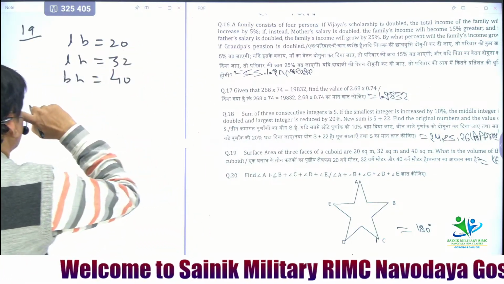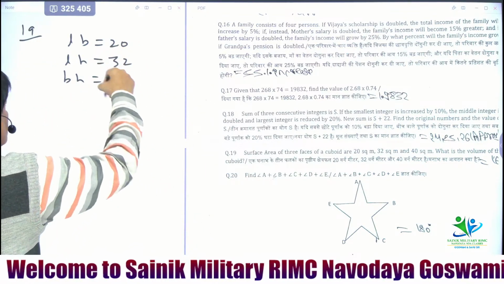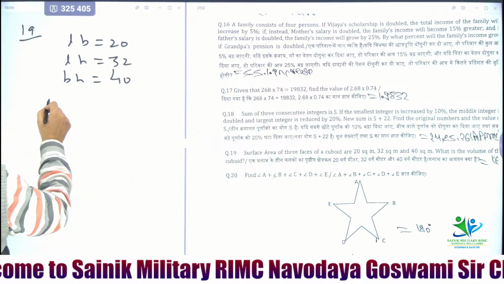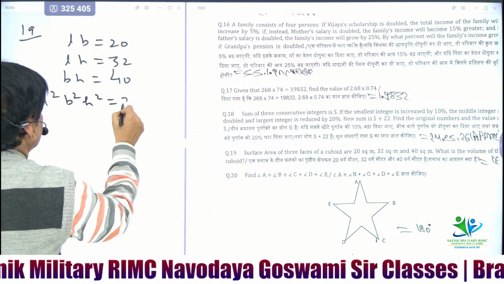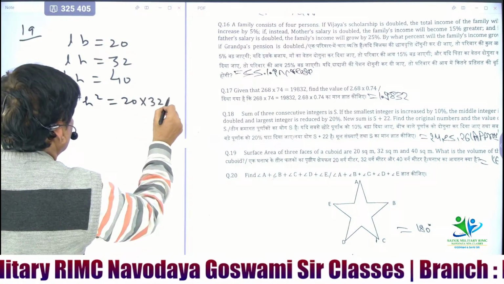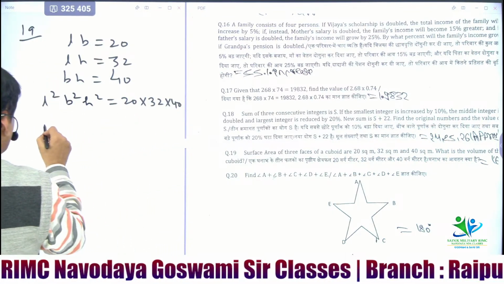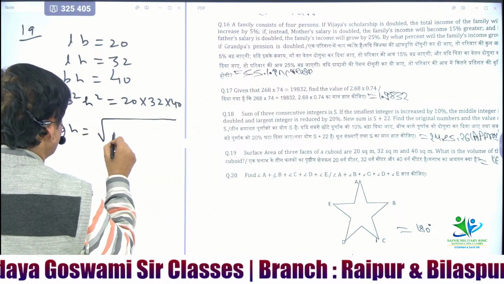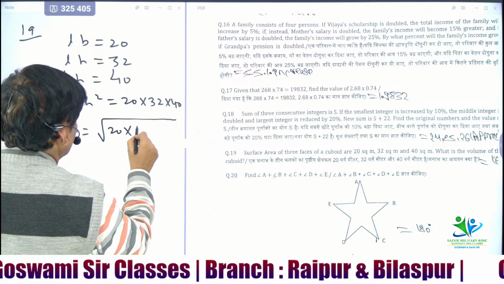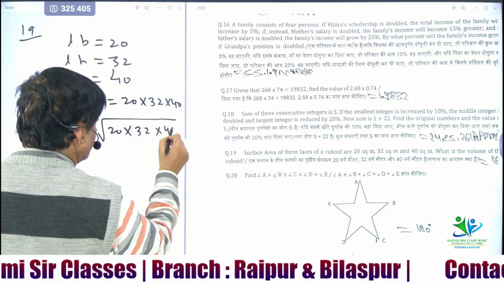These three are given. Now, if you find the product, you get L square, B square, H square, that is 20 into 32 into 40. From here you can calculate the value of LBH, that is the square root of 20 into 32 into 40.